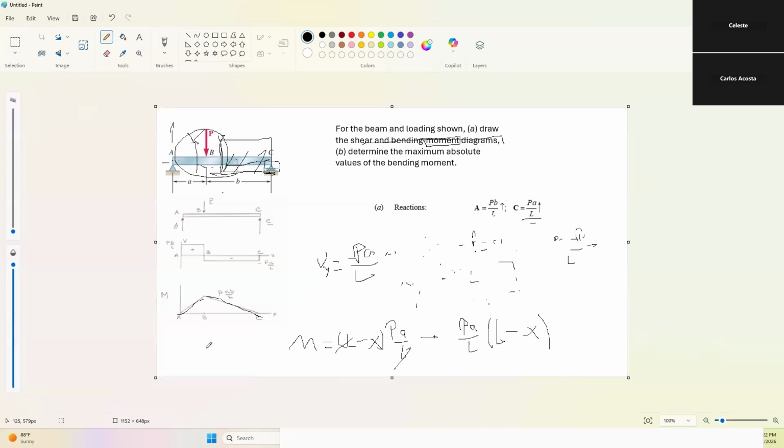And the maximum point is going to be when X equals A, so it's L minus A, divided by L, that multiplies PA. Okay, so the L cancels out.